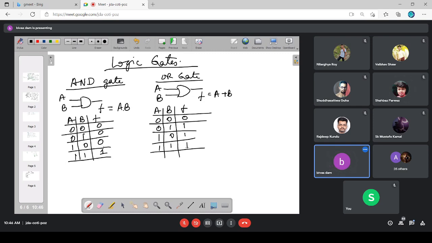Fine. Then comes the inverter or NOT gate.